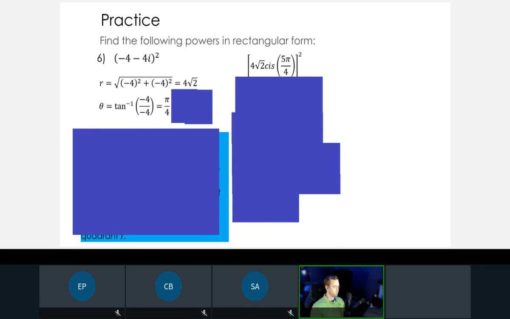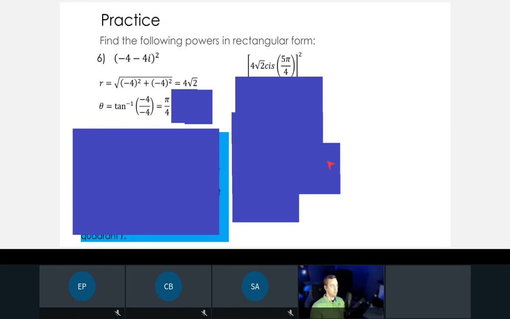But I do want to point out this original point is in what quadrant? Negative 4 minus 4i. Which quadrant is that? It is in quadrant 3.